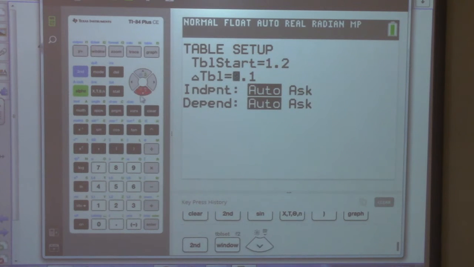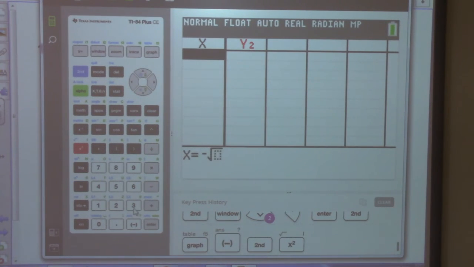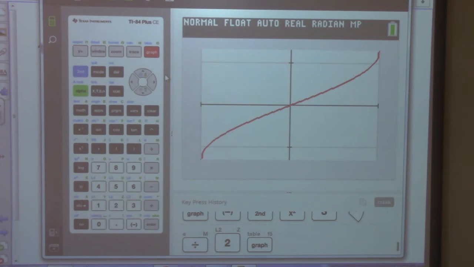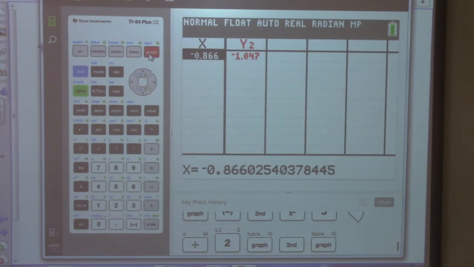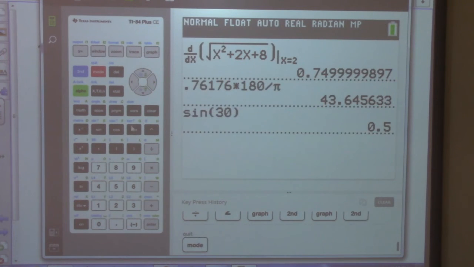We're going to go to ask, and if we put in negative square root of 3 over 2, we should get negative 1.047. That's going to be in radians.